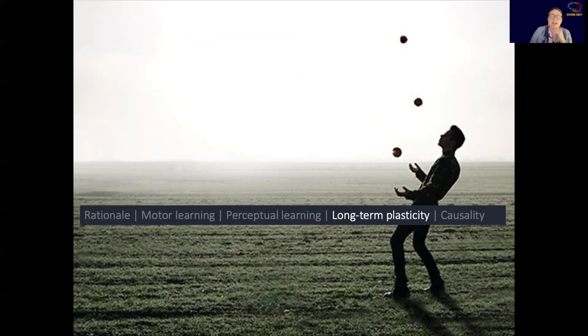The animal literature tells us quite a lot about what we think should happen during short-term learning, so learning over minutes to hours. What it's really difficult to do in rodent models, or even in monkey models, is look at exactly what happens electrophysiologically over weeks to months.